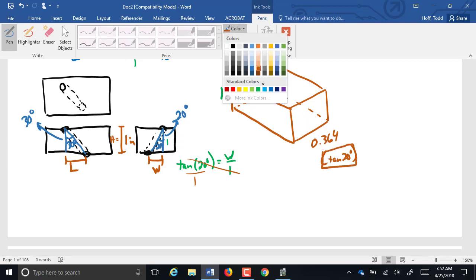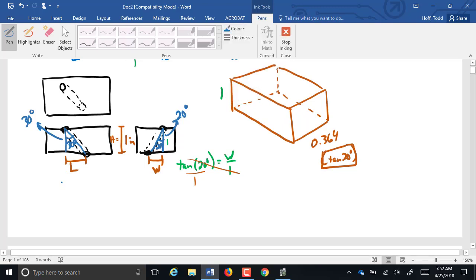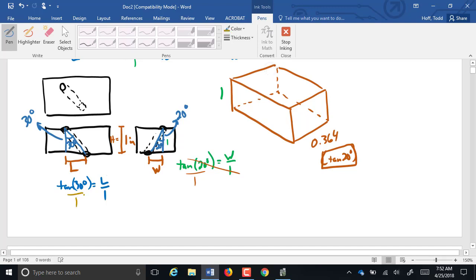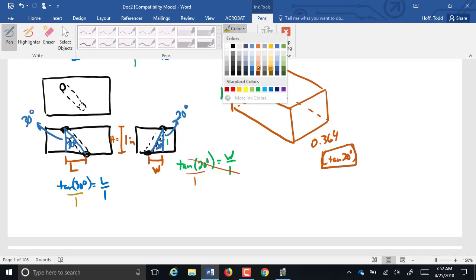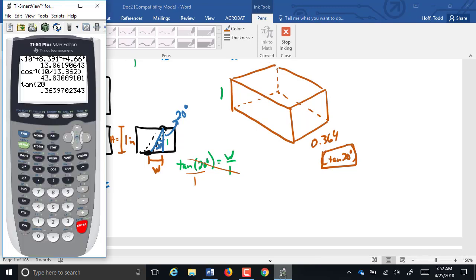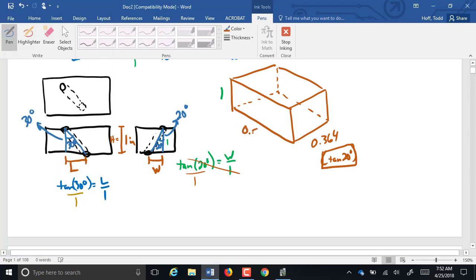Over here, I do tangent of 30 degrees equals L over 1, right? I cross multiply and divide there to find L. It's just tangent of 30 degrees times 1, which is just the tangent of 30 degrees, 0.577. That's just the tangent of 30 degrees.